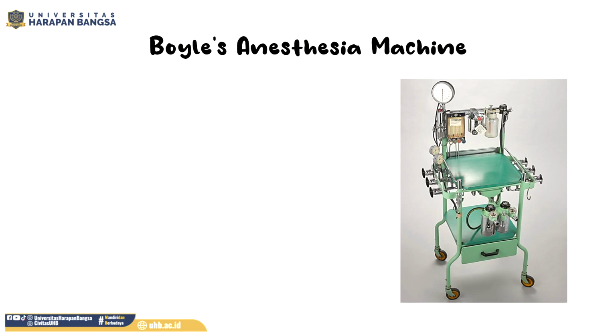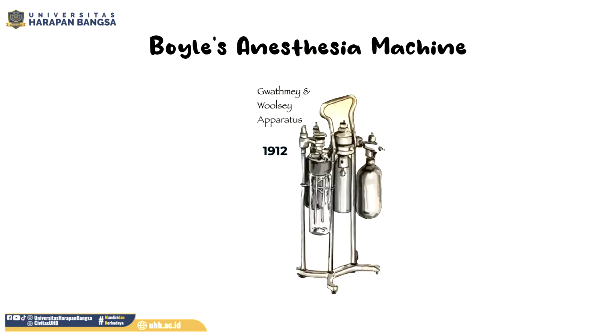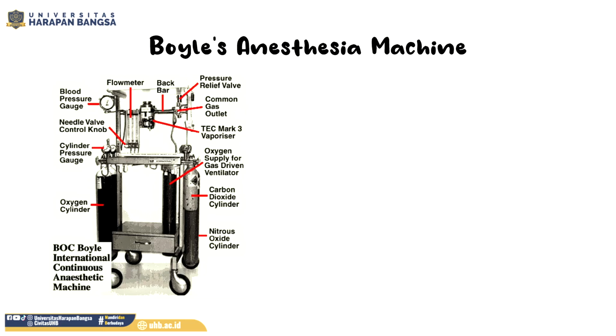The original concept of Boyle's machine was invented by the British anesthetist Henry Edmund Gaskin Boyle in 1917. This machine was a modification of the American Gwathmey apparatus of 1912. Now, it is the best known early continuous flow anesthetic machine.